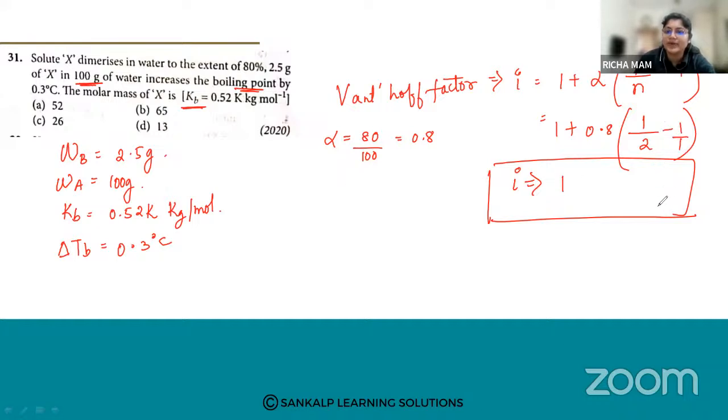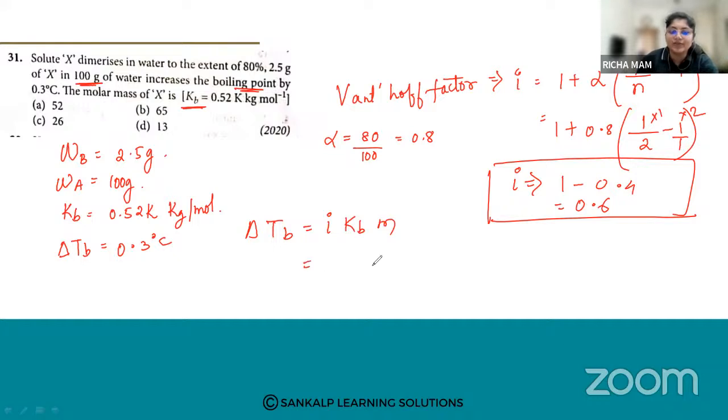Do it stepwise. So how much are you going to get? I'm going to get 1 minus 0.4, that is 0.6. Are you getting the same? Yes, I is equal to 0.6. Now delta TB is equal to I into Kb into m.